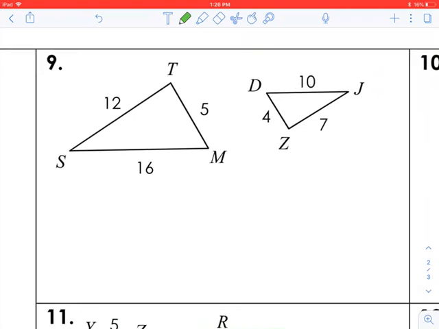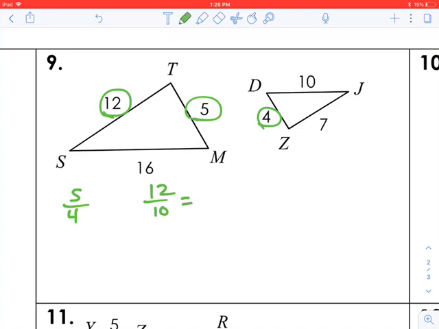So number 9, I've got the smallest one, 5, the smallest one, 4. So 5 over 4, okay? And then we've got the second largest is 12 and 10. Well, 12 over 10, that would reduce, oh, I did the wrong thing, didn't I?